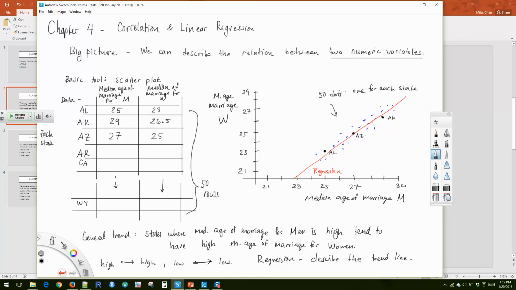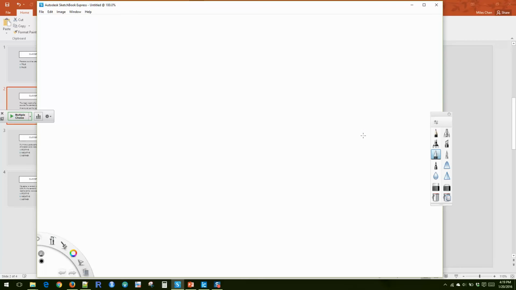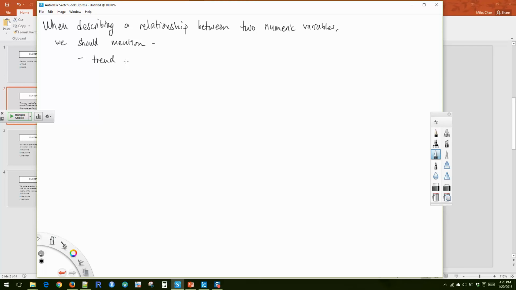All right, so far so good? Okay, so when describing a relationship between two numeric variables, we should mention, there are pretty much three things: direction, or trend, strength, and shape.